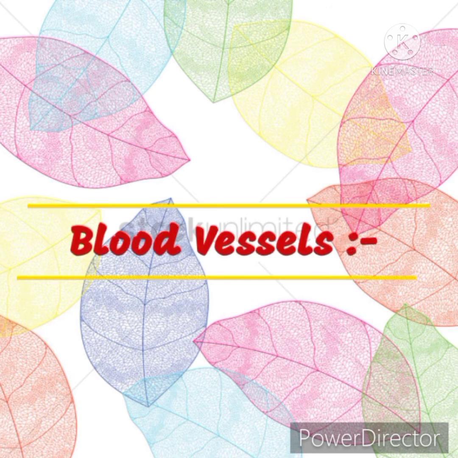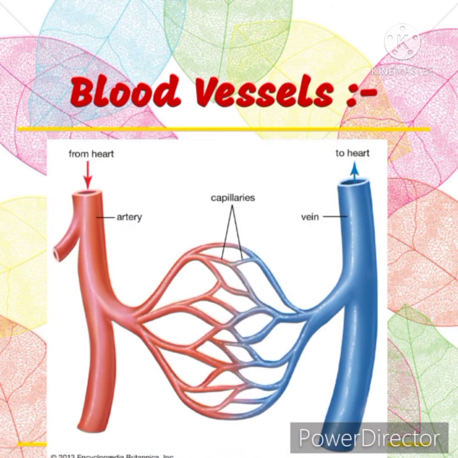Now we can see the diagram of the blood vessel. In the reddish part, firstly blood goes from artery to arteriole, and in the bluish part, from arteriole it passes. This is the oxygenated blood from arteriole.